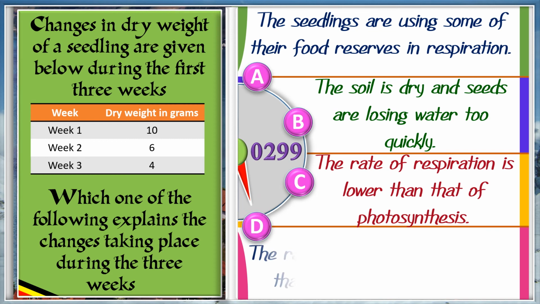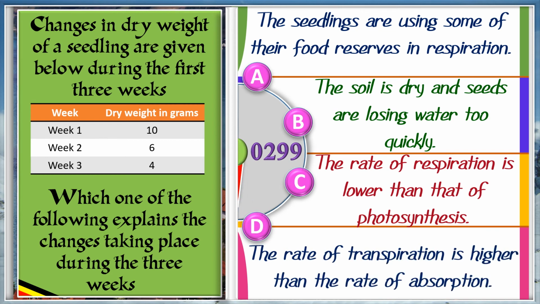D. The rate of transpiration is higher than the rate of absorption. And the answer is A. The seedlings are using some of their food reserves in respiration.